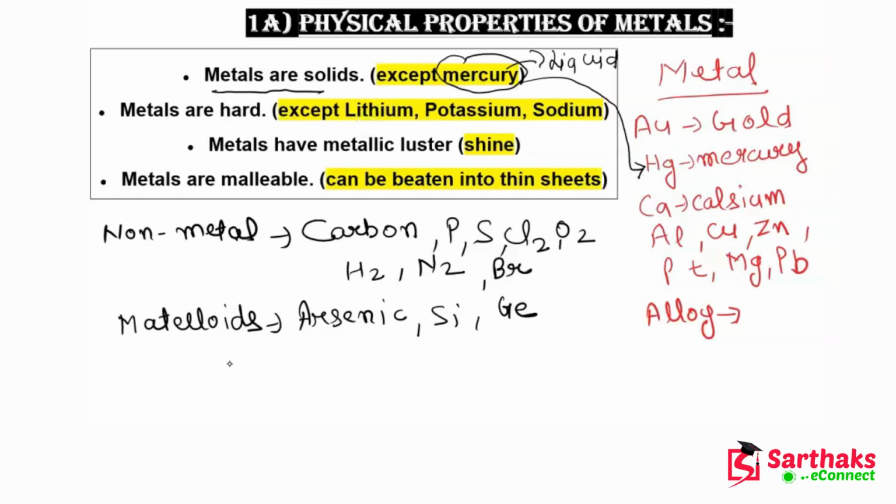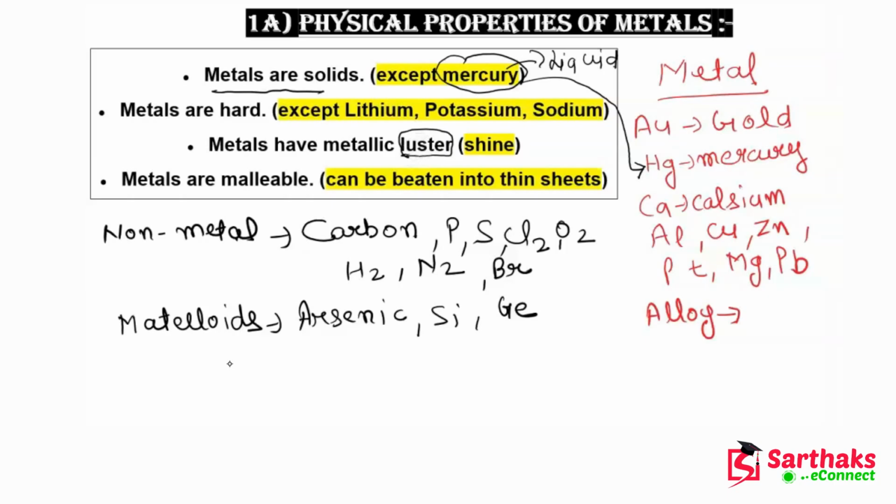Now metals have metallic luster. Now what does this luster mean? So basically guys, luster means shininess. Whenever metals are in their pure form, you will see that they will be shining. So it means that metals have luster.